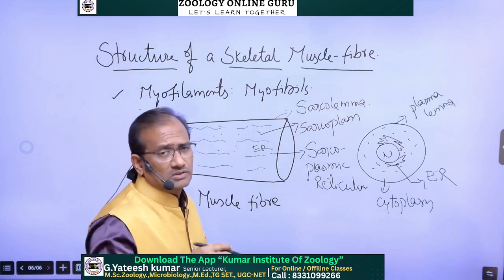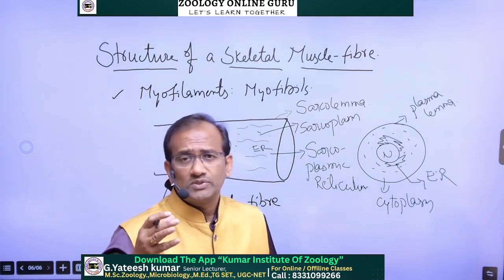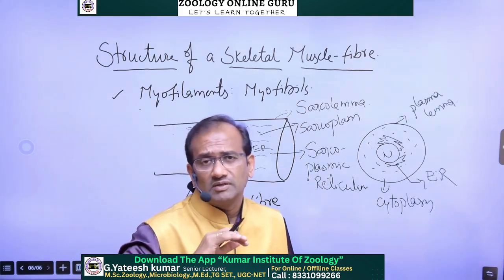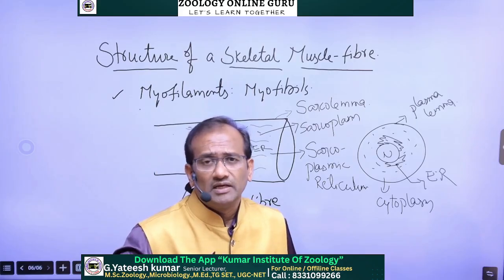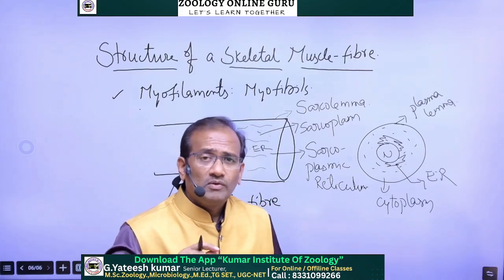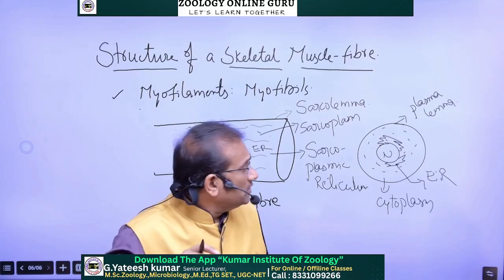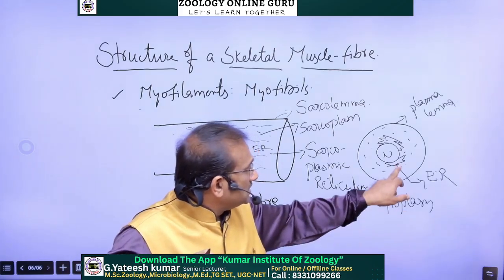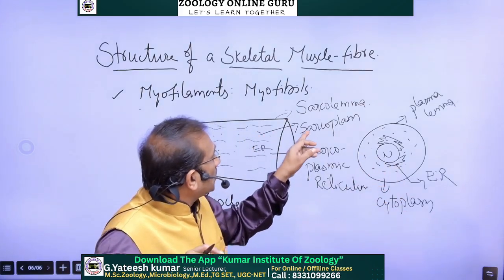So the cytoplasm in muscle cells is called sarcoplasm.